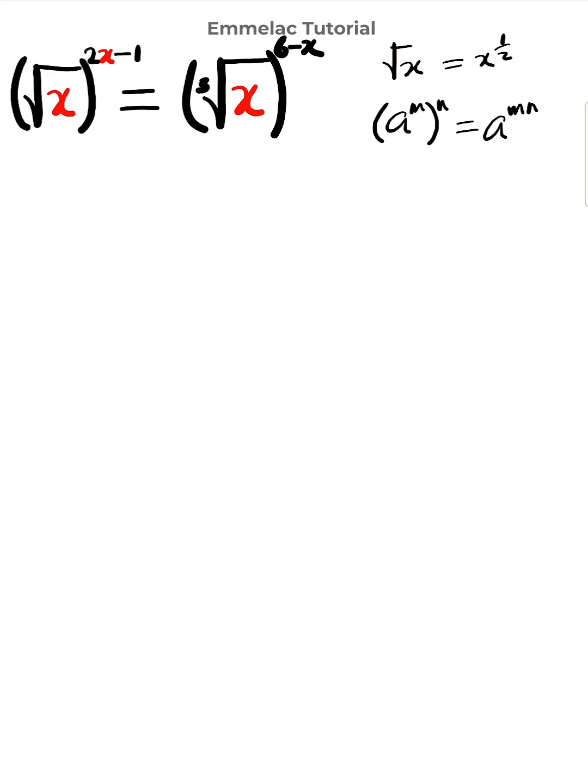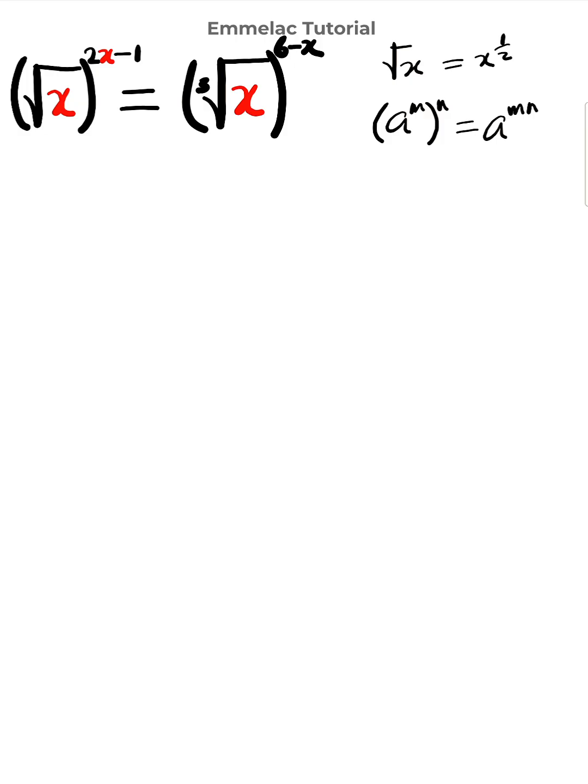First is to implement this rule on both the left hand side and the right hand side. Take note, in this case x is raised to 1 over 2, so we will apply that here.